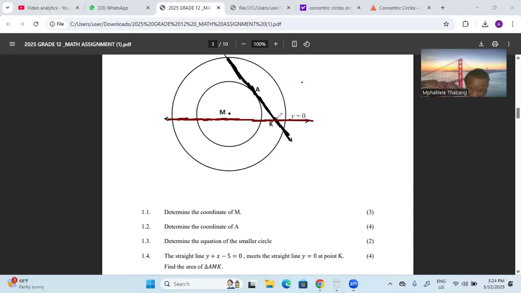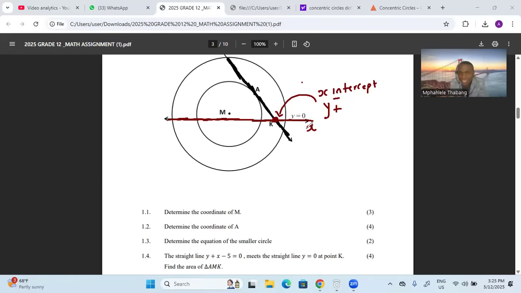So they say it meets at K at this point, and this point to me is the x-intercept of the line y + x − 5 = 0. Because the line y = 0, guys, do not forget, is the x-axis.